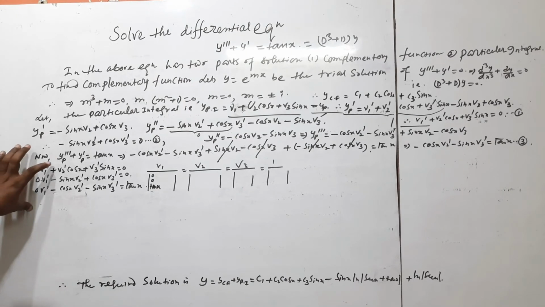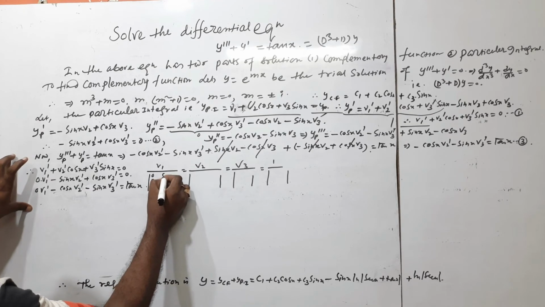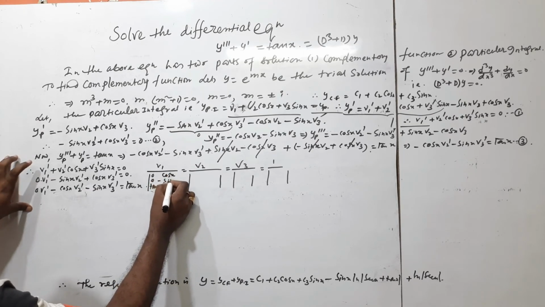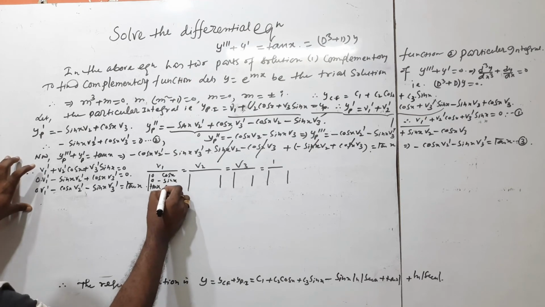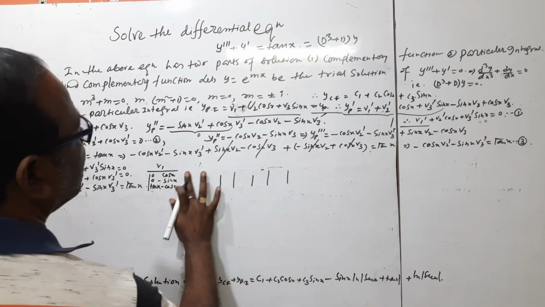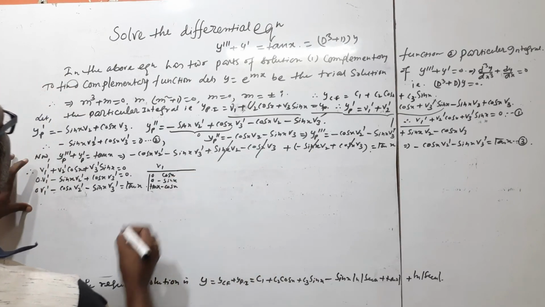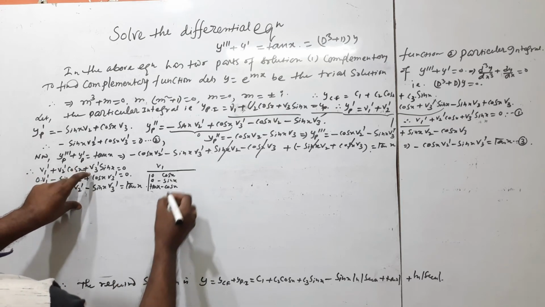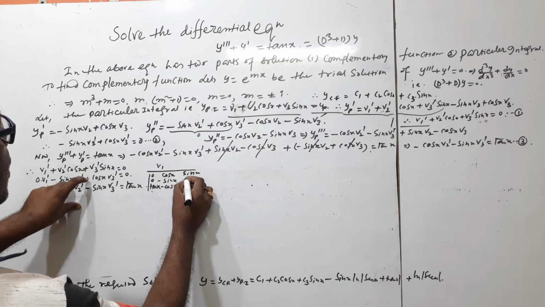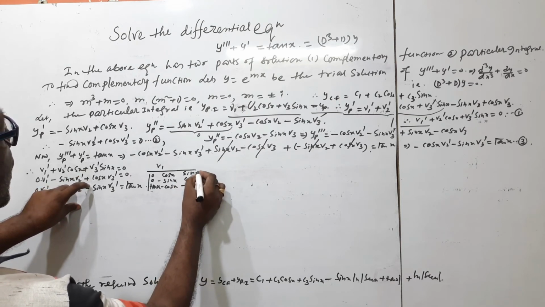Okay, and the coefficient of v2 here is cos x, minus sin x, and cos x, minus. And the coefficient of the third row is here sin x, cos x, minus sin x.